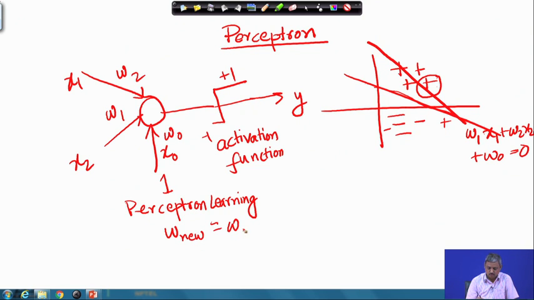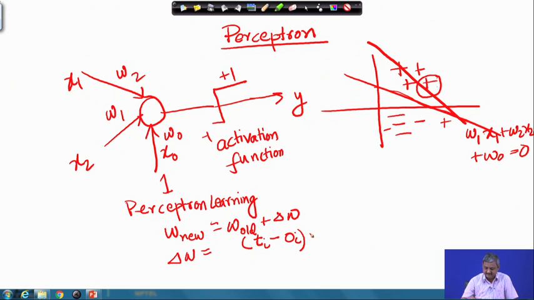is W old plus some delta W, where delta W equals the target output for that xi, let us say call it Ti, and the actual output for that xi, let me call it Oi. So, given a value of weights for the input, I calculate the actual output Oi, and I am supposed to achieve some target Ti.